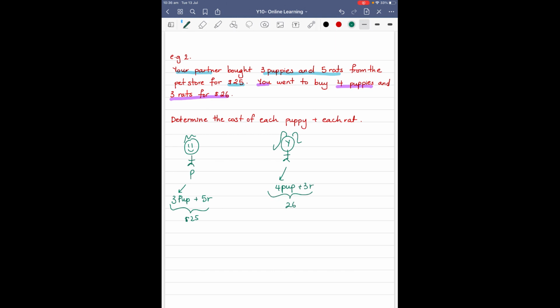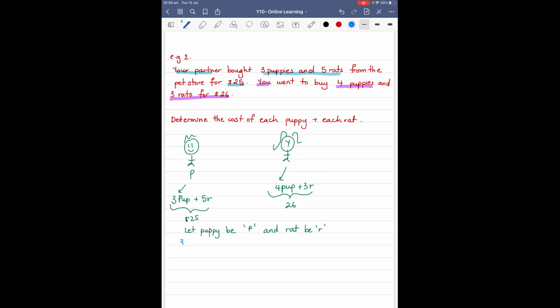So let's write our little equation. We let the puppy be the letter P, and we let the rat be R. Let's form our 2 equations.